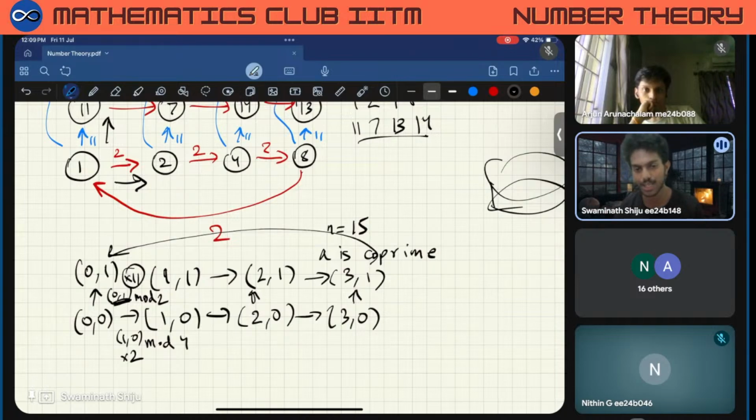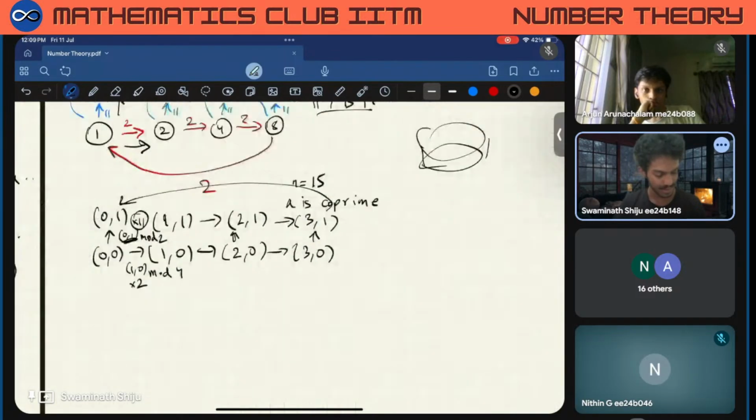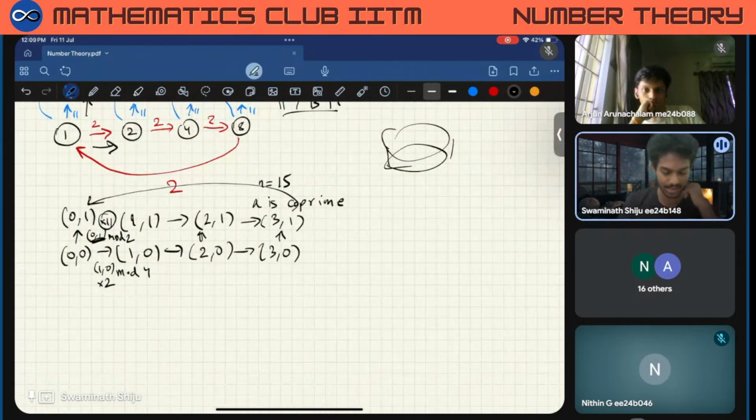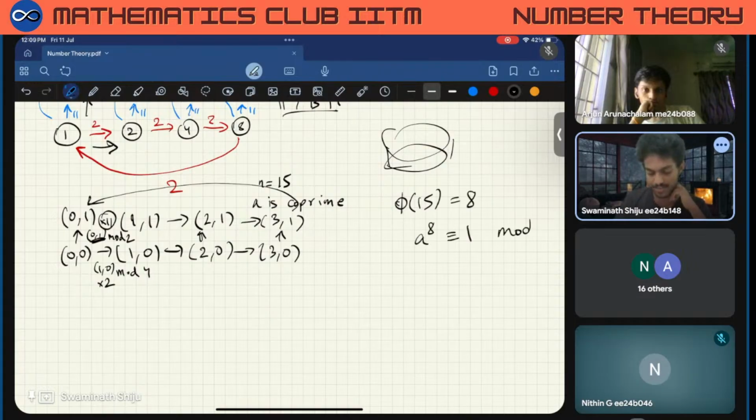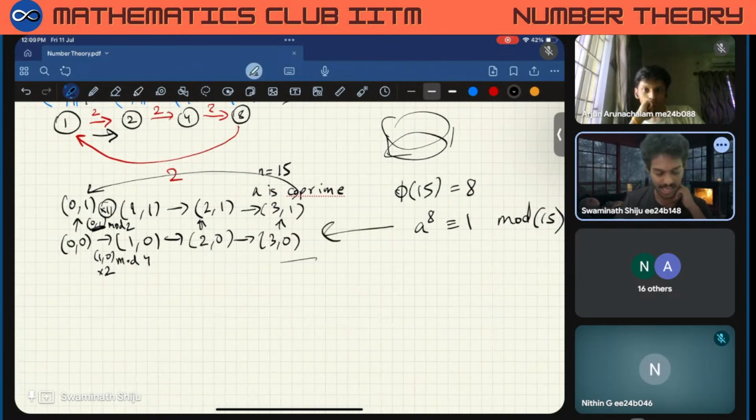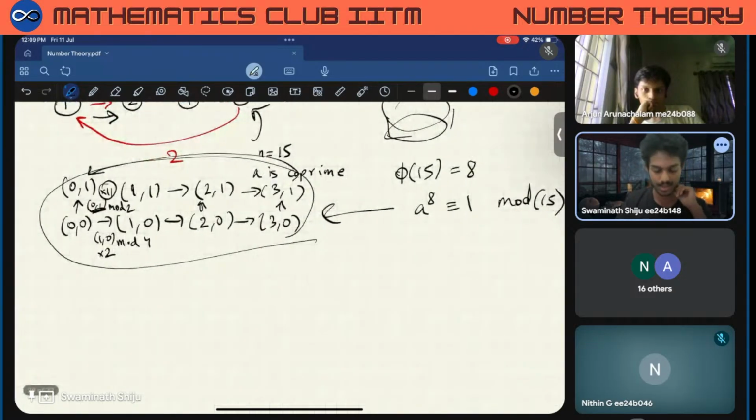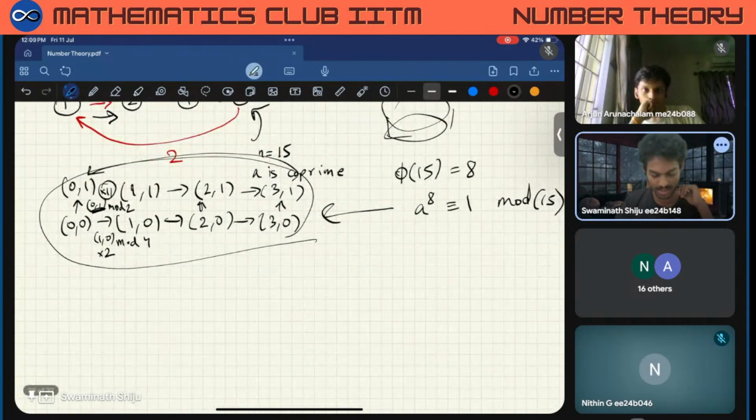We're understanding the intuition here. Now, how would you prove that a to the power 8 is equal to 1 mod 15? How do you do that, right? So again, we're going to work with this analogy first and then convert it back to this. So any number would be represented as AB, where A is mod 4, B is mod 2.